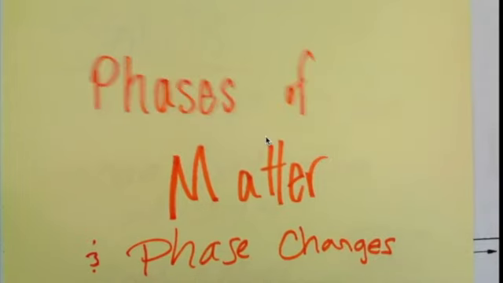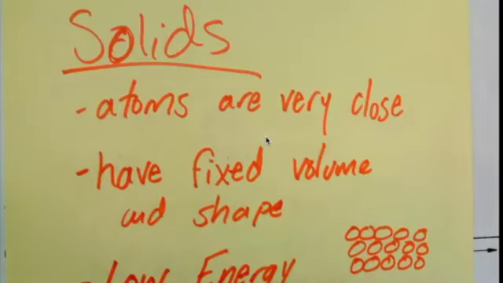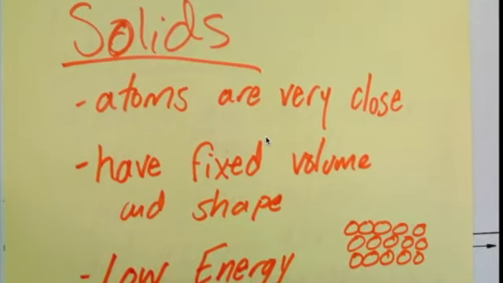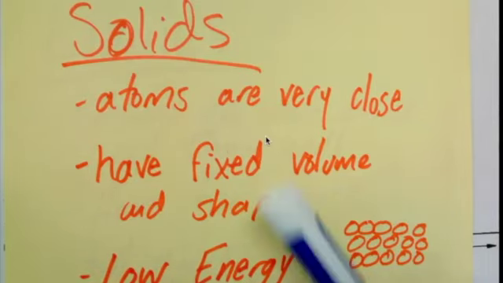So let's start with the types of matter that I'm sure we're all very familiar with, that we've all come to know and love. Our first state of matter are solids, and in a solid you have atoms that are very close together, very tightly packed. These have a fixed volume and shape. So this marker is a solid.